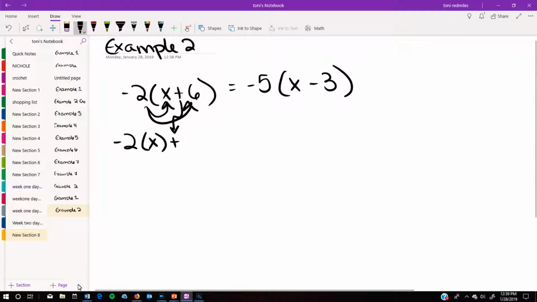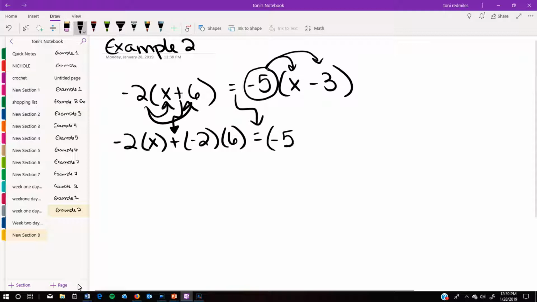Drop down my operation. Negative 2 is going to get multiplied by 6. Drop down the equals. Now negative 5. And remember, you got to take that negative with it. And it gets distributed by everything in the parenthesis. So a negative 5 times the x, drop down my subtraction, negative 5 times 3.